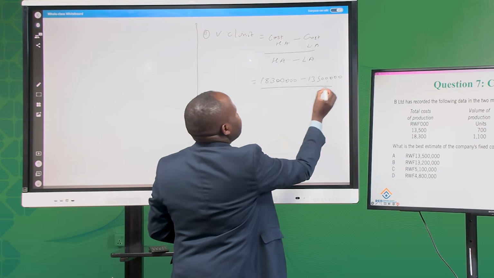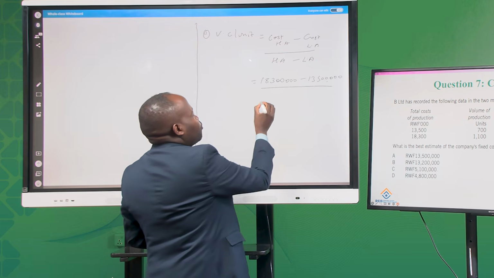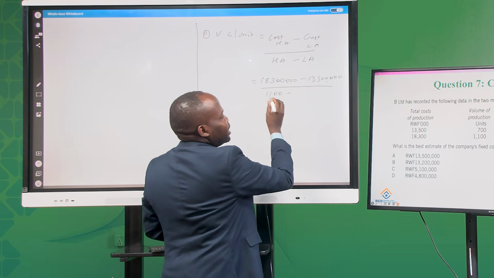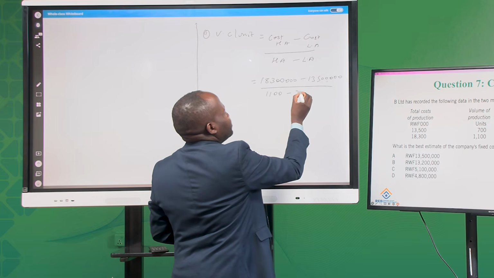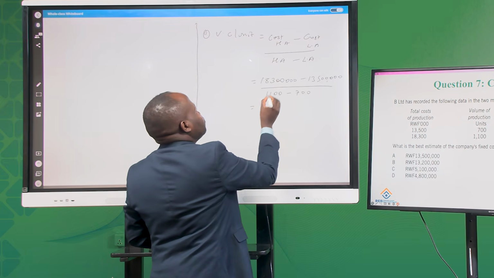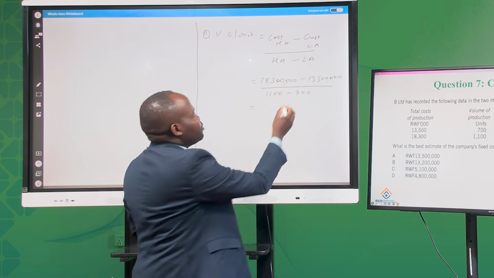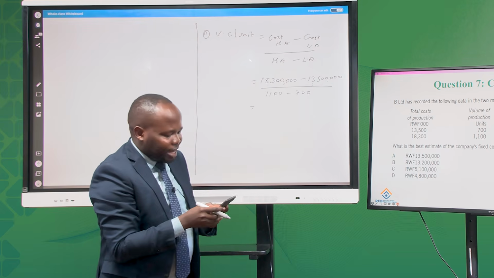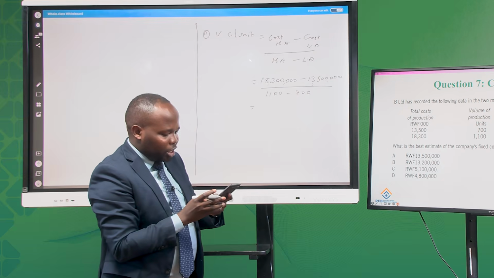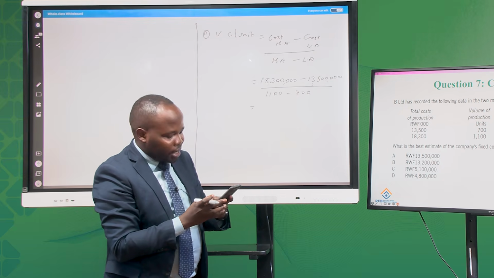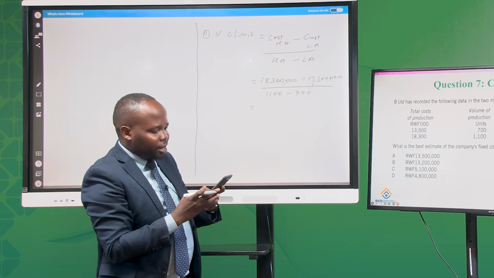Divided by 1,100 minus 700. So we just go step by step. When we use our calculators, we'll start by having 18,300,000 minus 13,500,000.